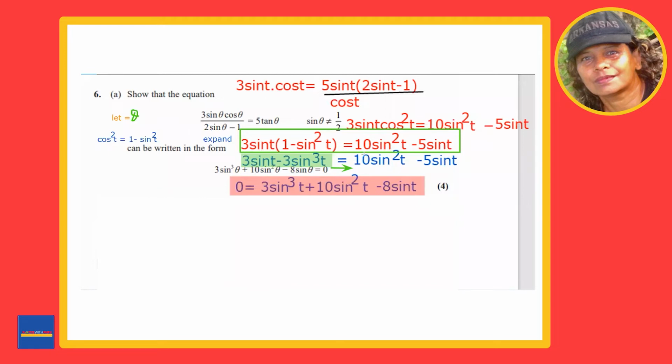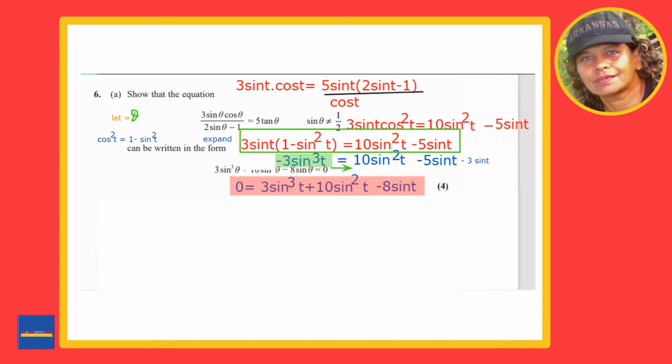Then I have the 10 sine squared t that remains the same. And then I have the 3 sine t, which becomes minus 3 sine t when I take it to the right-hand side.